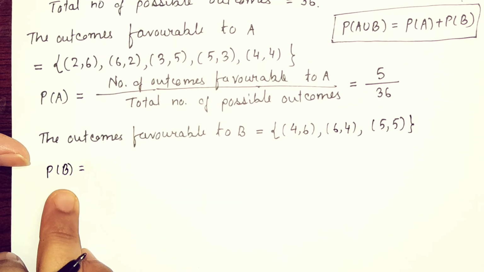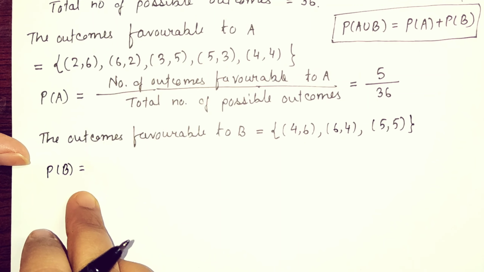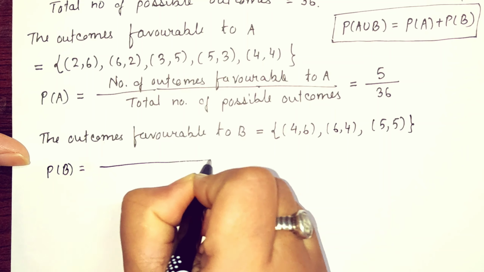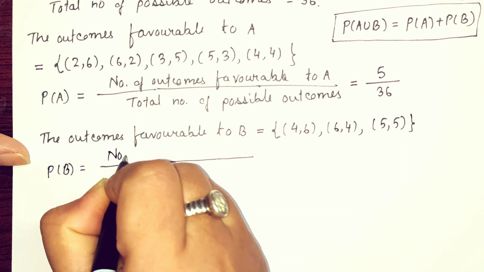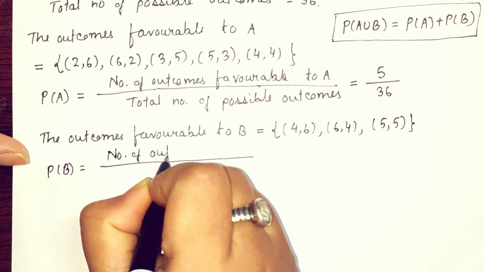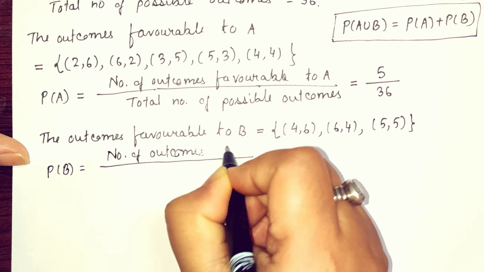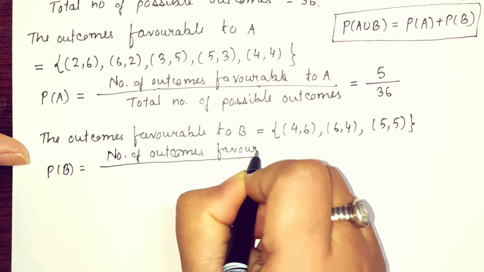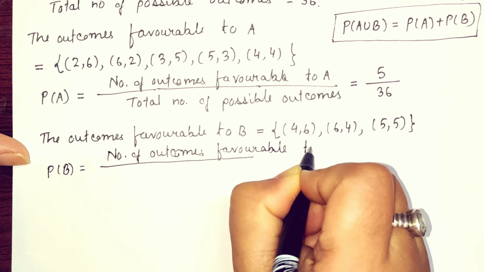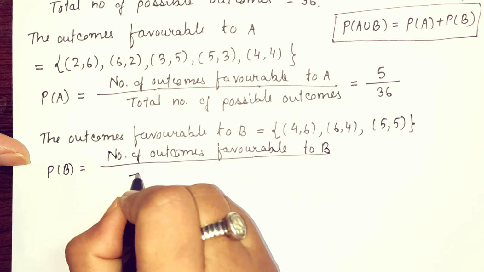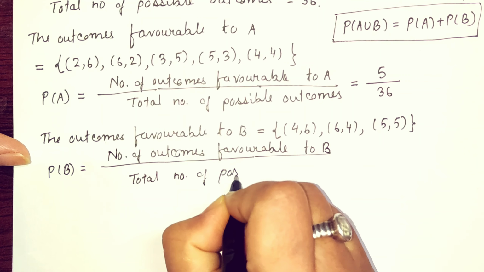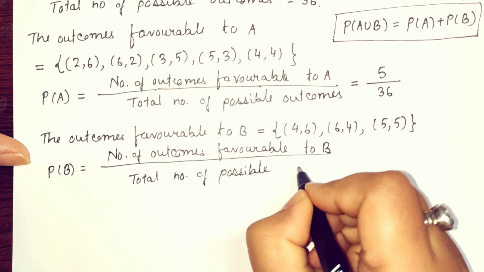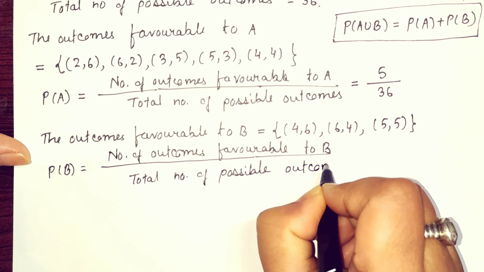P(B) will be the probability of the event B. Now from the mathematical approach to probability, we can write P(B) is the number of outcomes favorable to B divided by total number of possible outcomes.